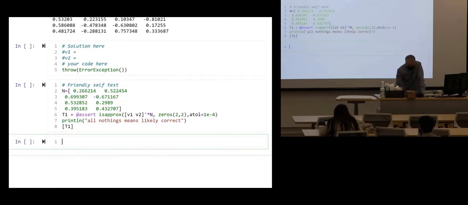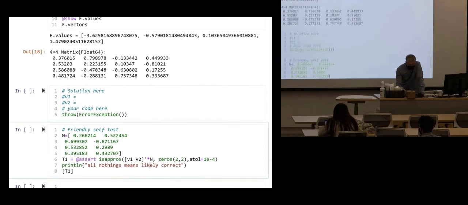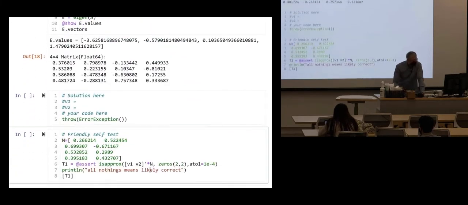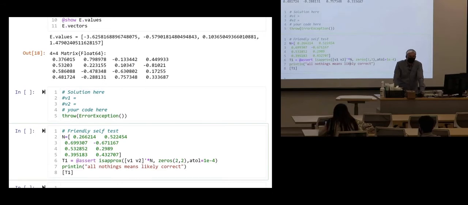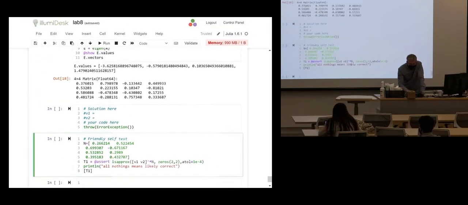But that's why it says all nothings means likely correct. It doesn't mean you're actually correct, okay? So if you just cheated and said V1 is 0 and V2 is 0, you would definitely pass the friendly self-test. So with that, I think we need to stop so Tribby can get set up.